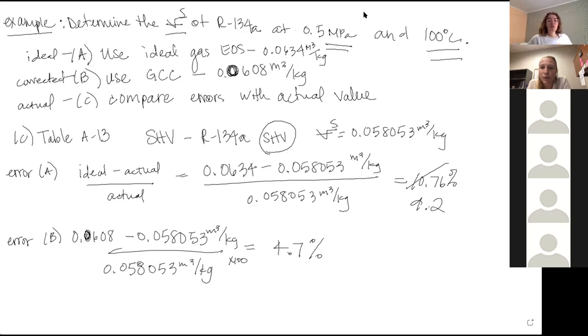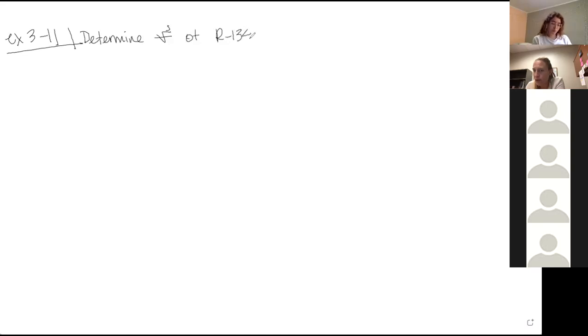I'm going to ask you all to do one yourself so you can practice this. This is example 3.11 in your textbook. So determine the specific volume of R134a refrigerant at 1 megapascal and 50 degrees Celsius.